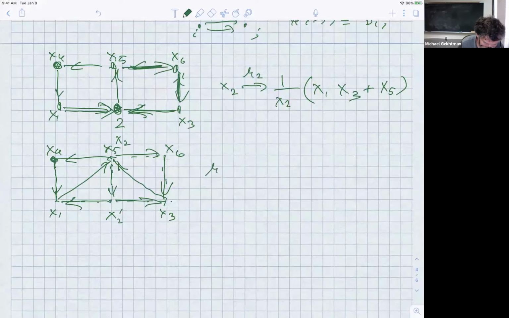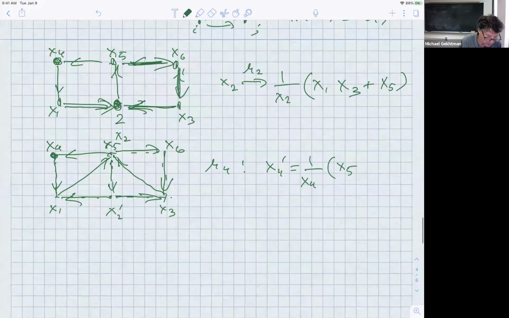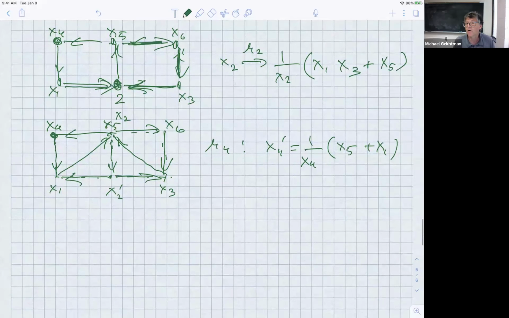So mu4. What will it give us? So according to our rules, x4 prime now will be 1 over x4. There is only one thing that points to x4, so that is x5. And there is only one variable to which x4 points, plus x1.